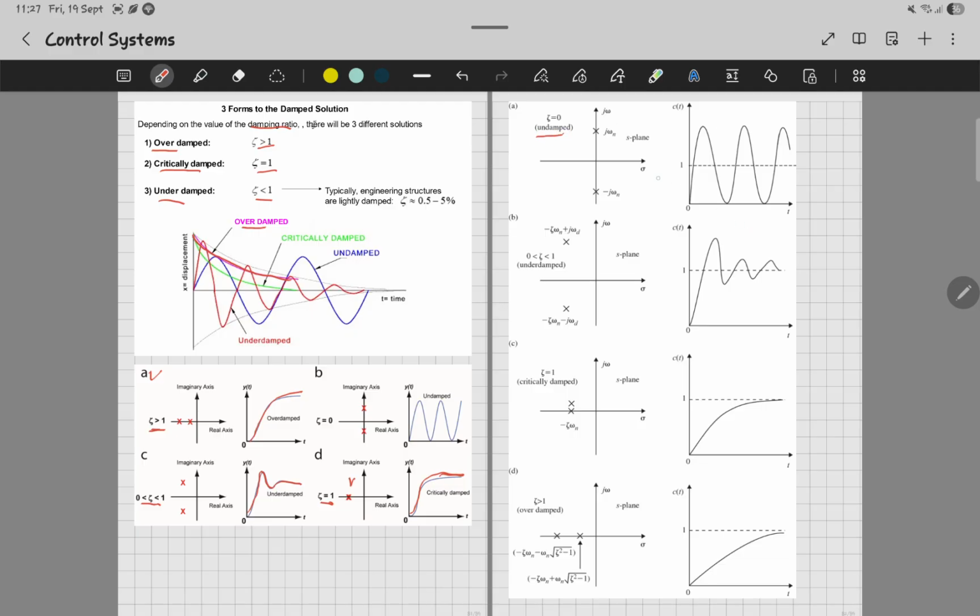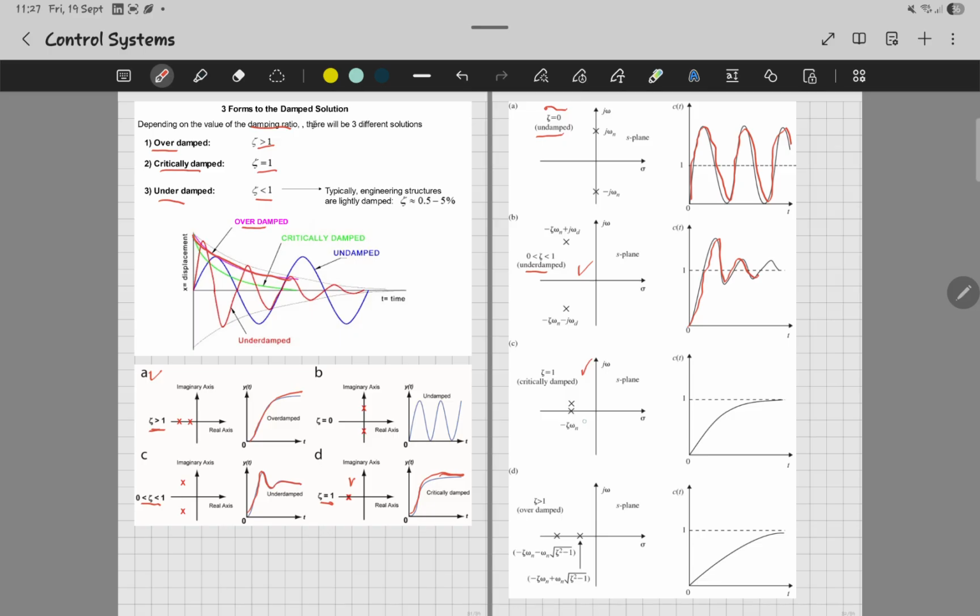So for undamped, it's when the damping ratio equals 0. Your graph is going to be like this for the system response. And for underdamped, it has to be between 0 and 1. You will get something like this. And for your pole, your pole in the S-plane is going to be something like this. I'll show later on how you can get your pole and how you can calculate the damping ratio with some examples.